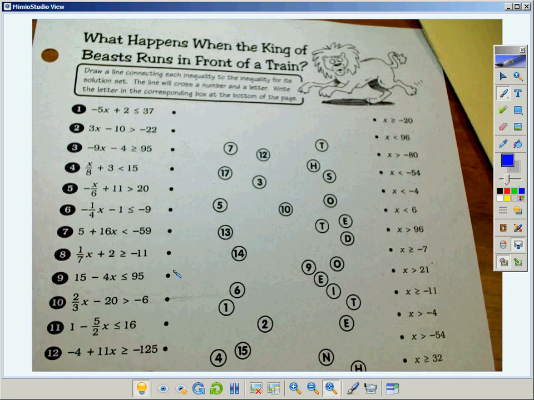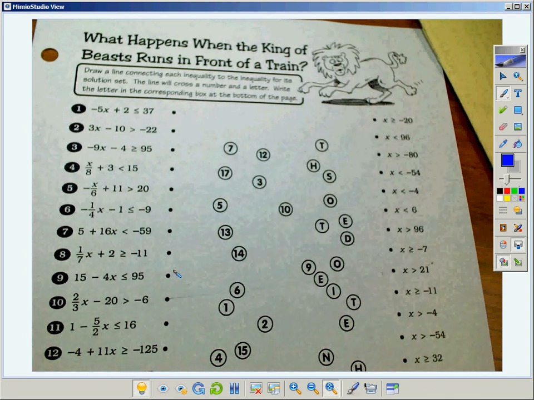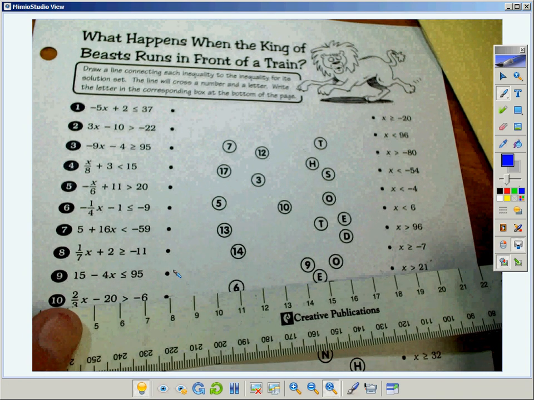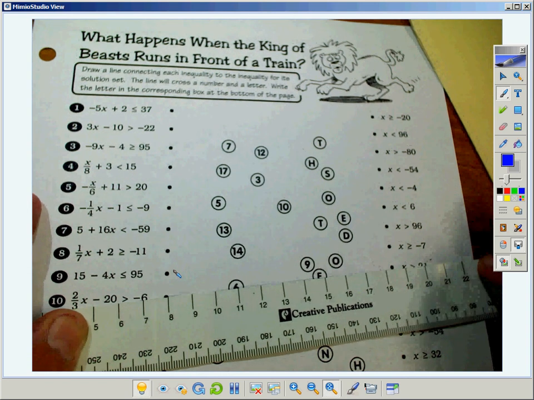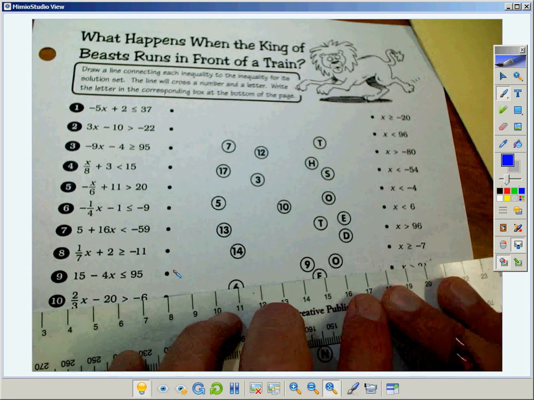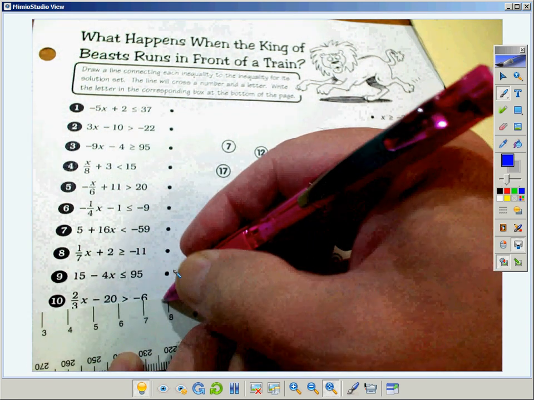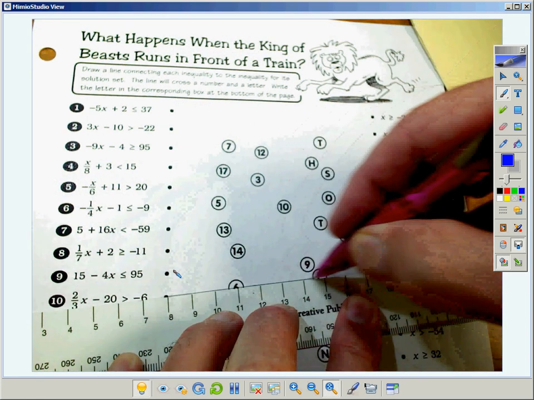Okay. So, if I'm looking at number 10, which was here, and I got what for an answer? 21. x is greater than 21. I'm going to take the dot that's next to number 10 and the dot that's next to that answer, x is greater than 21, and I'm going to draw a straight line using a ruler.